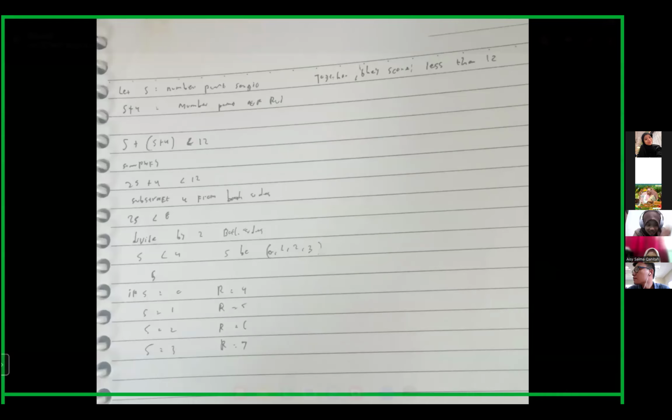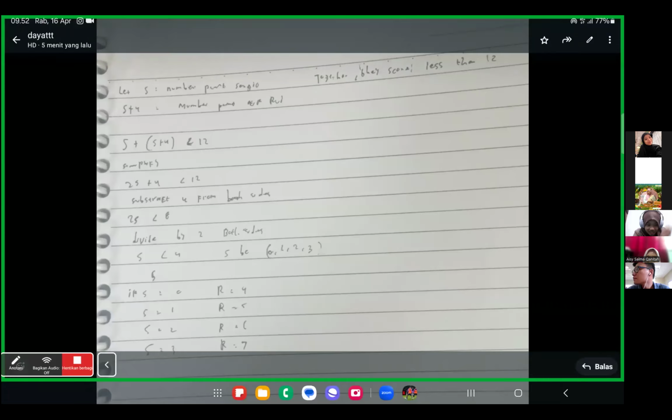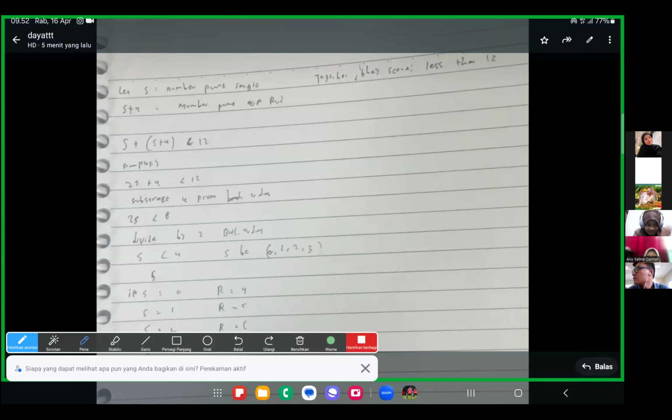Di sini saya tulis X sebagai skor, dan S plus 4 ini sebagai 6 poin. Jadi together they score less than 12.